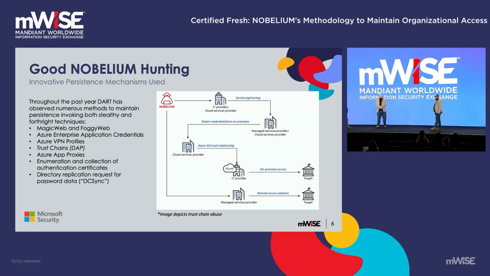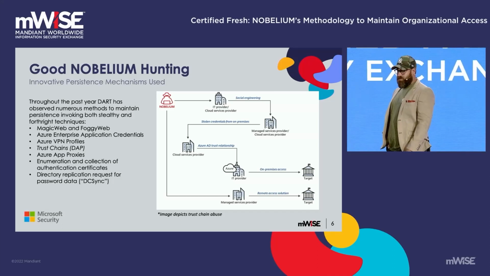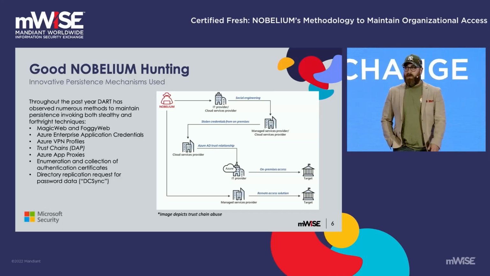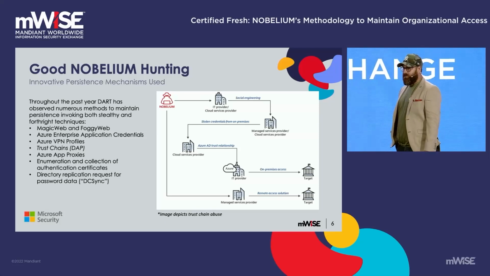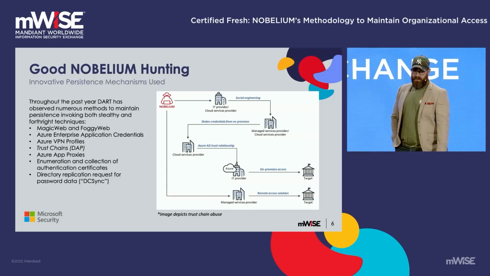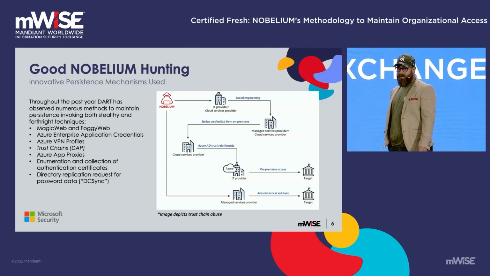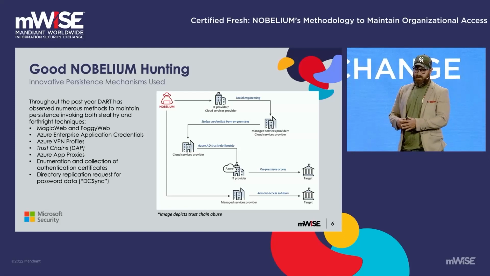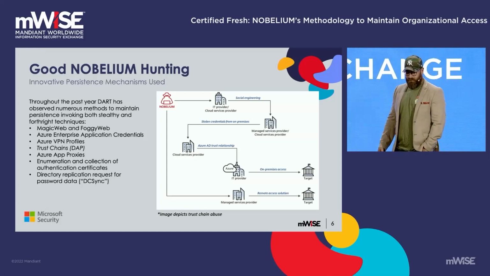This is some of the persistence mechanisms we've identified with NOBELIUM specifically. We've written blogs on MagicWeb and FoggyWeb more recently, which is a very novel technique that we'll get into in the next slide, leveraging the GAC and basically bypassing certificate-based authentication. It's a very interesting technique that we've actually only seen one time.